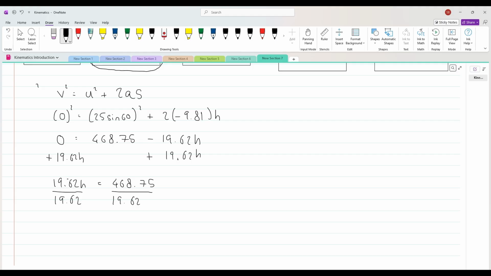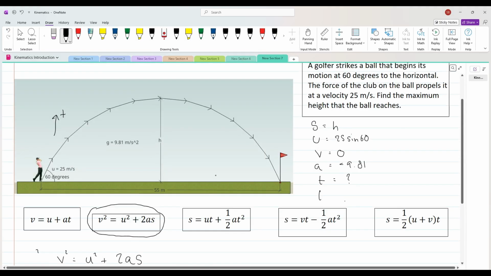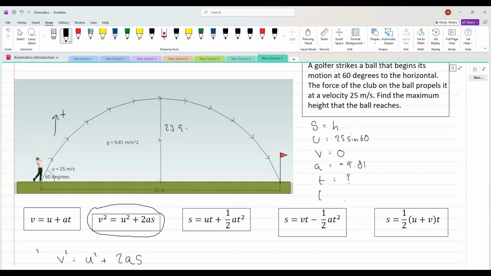They cancel, so we're left with h equals, do this in the calculator by all means, 23.9 meters. So the distance h here is 23.9 meters, and that's our first problem done.